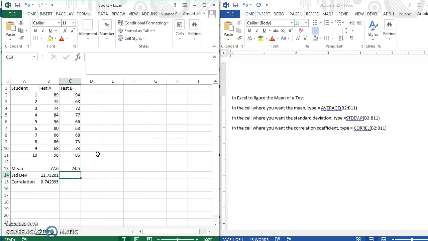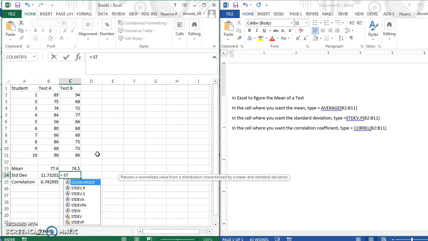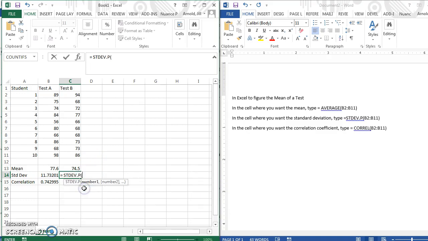Now the standard deviation is how much you can expect between the different numbers in the bell curve. And so when I type in here standard deviation, I can type equal, and then I can do ST, and as you can see the STDEV.P comes up, and that's the one I want.